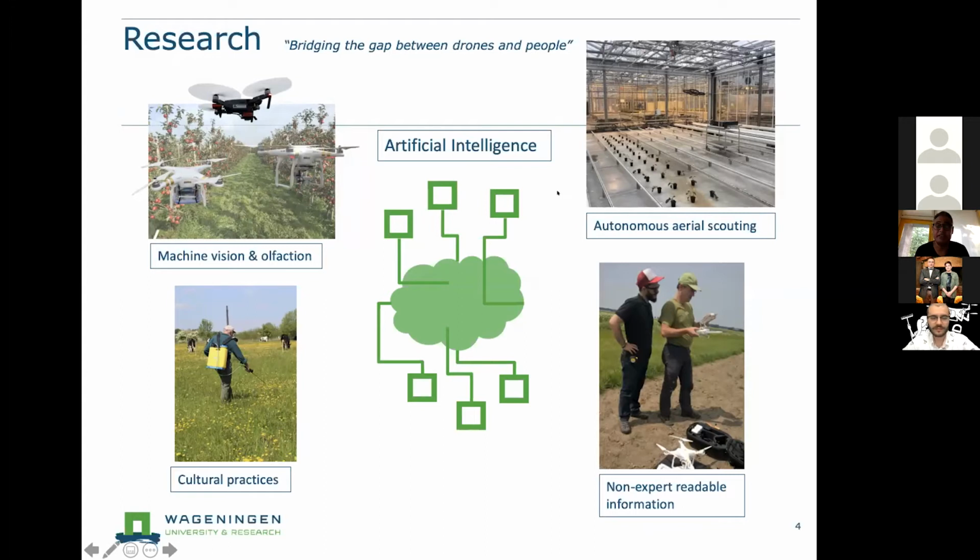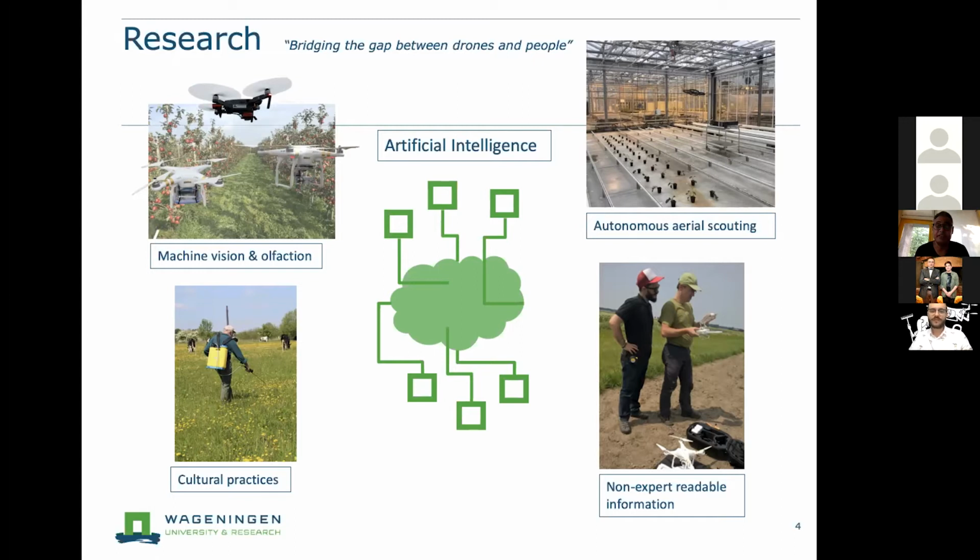My research at Wageningen is basically bridging the gap between drones and people. The main idea is to approach airborne technology from us. How do I do that? I combine information provided by the cultural practice of people, mainly the farmers, information that they know by heart and are used to apply, with sensorial information provided by the drones, mostly machine vision and machine olfaction.